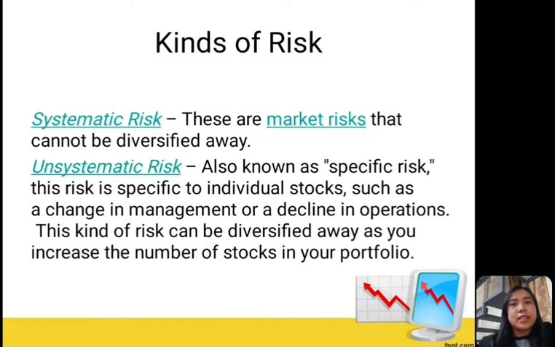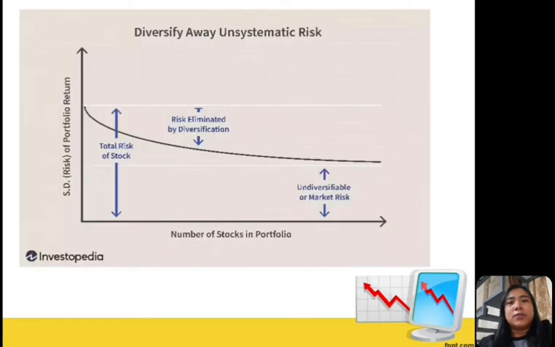This kind of risk can be diversified away as you increase the number of stocks in your portfolio, as shown in this figure. It represents the component of a stock's return that is not correlated with general market moves.